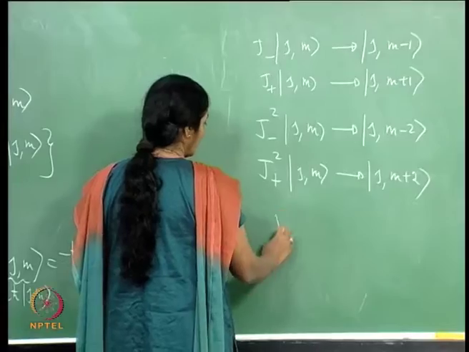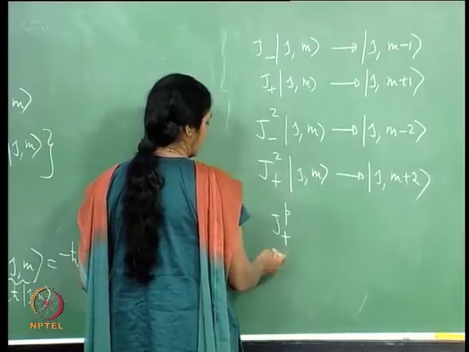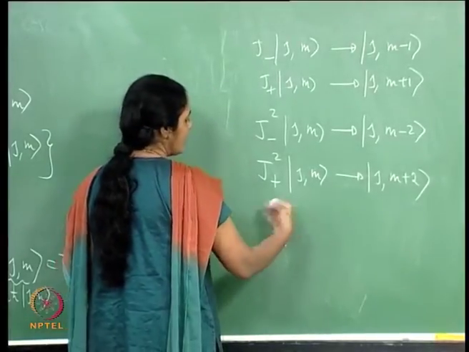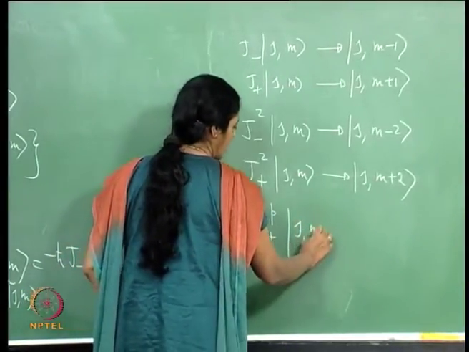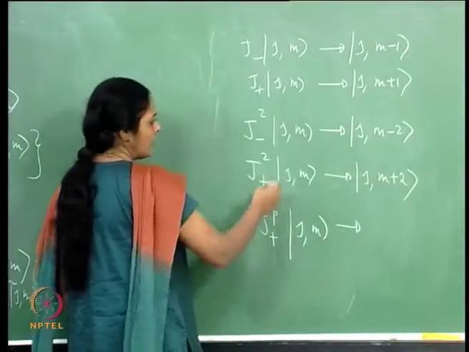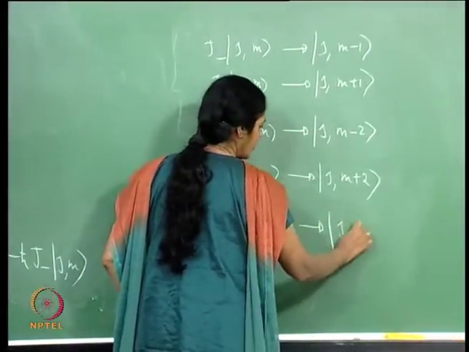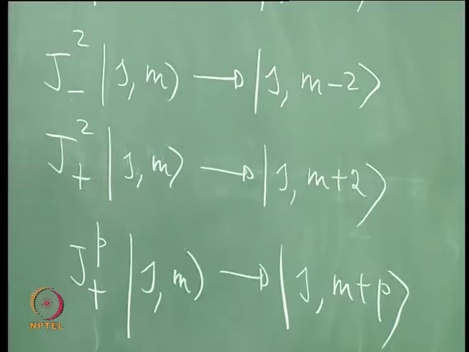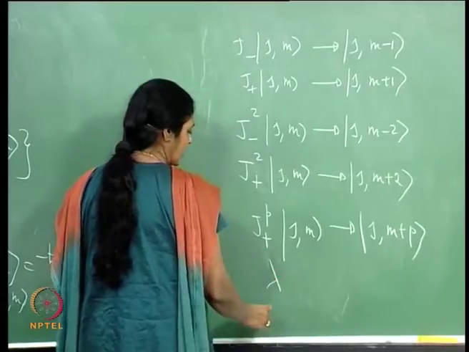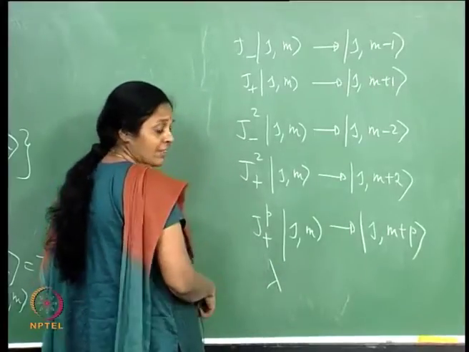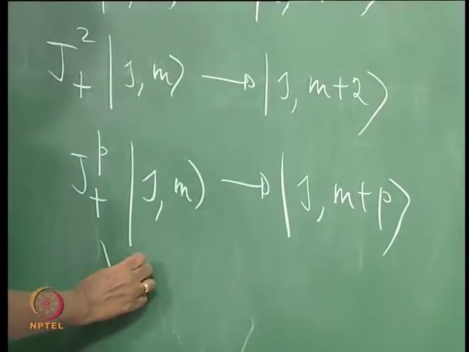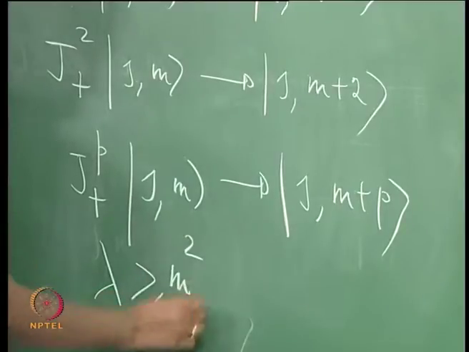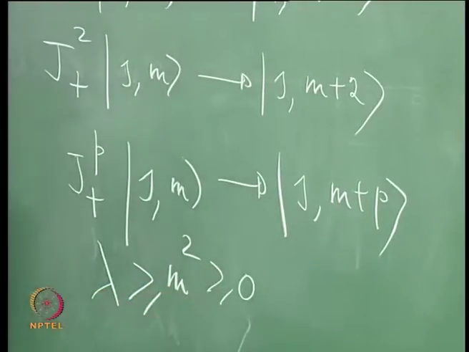However, this cannot go on indefinitely, because if J plus acts p times say on |j, m>, from whatever I have shown you till now, this takes it to a state |j, m plus p>. But I have a constraint. I have the constraint that lambda corresponding to the eigenvalue of J squared is greater than or equal to m squared, and that of course is greater than or equal to 0.